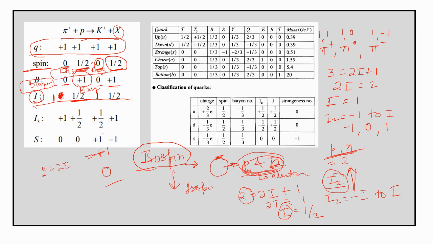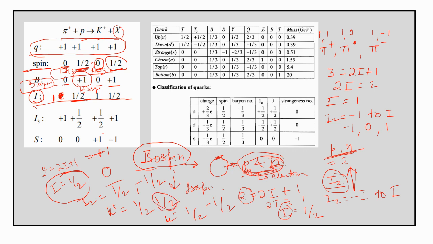That means 2I plus 1 is equal to 2, I is equal to 1 by 2, right? And Iz will be 1 by 2 and minus 1 by 2. So K positive will have values 1 by 2, 1 by 2, and K negative will have values 1 by 2, minus 1 by 2. That means I will remain the same, only the Iz value will vary.